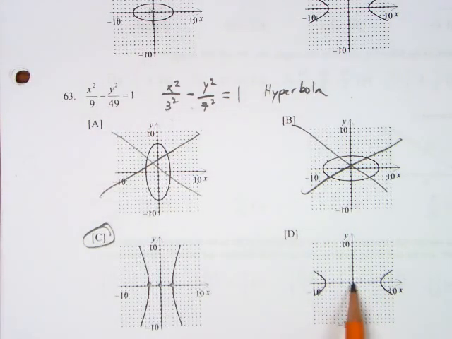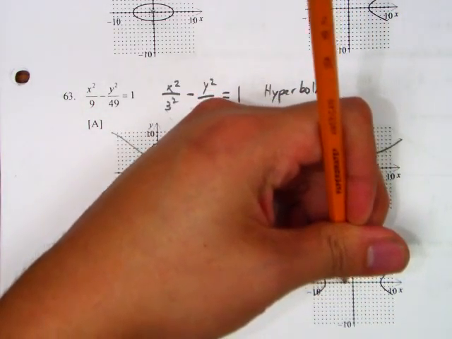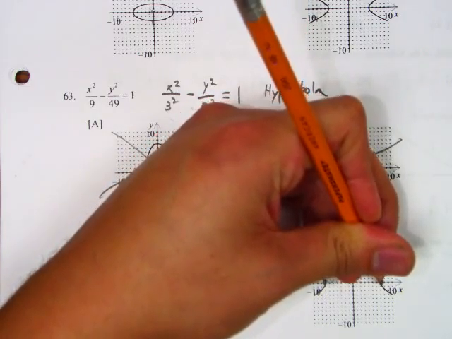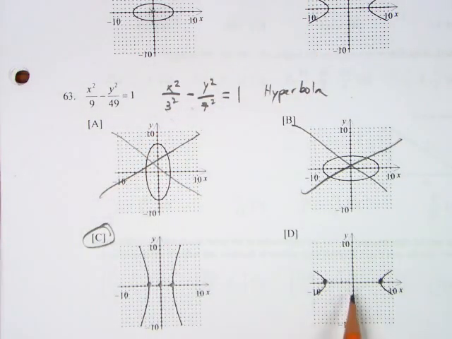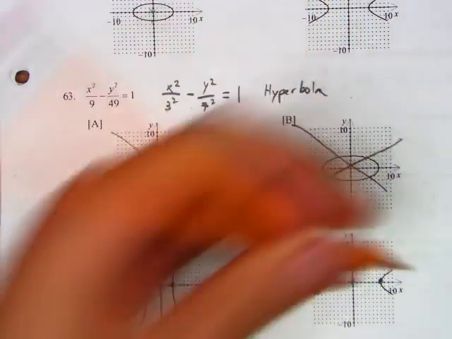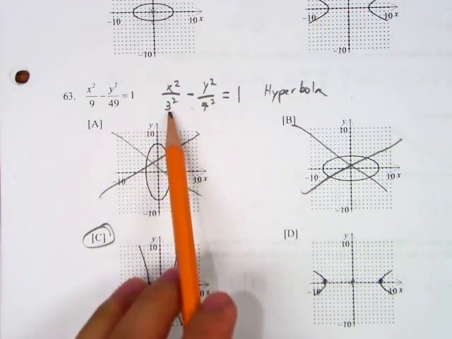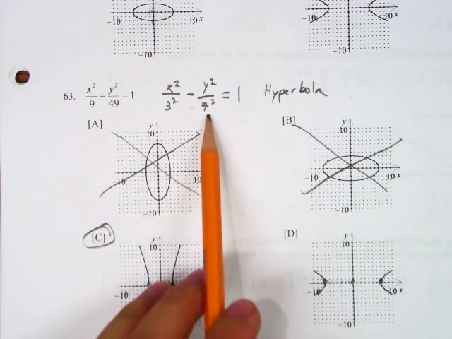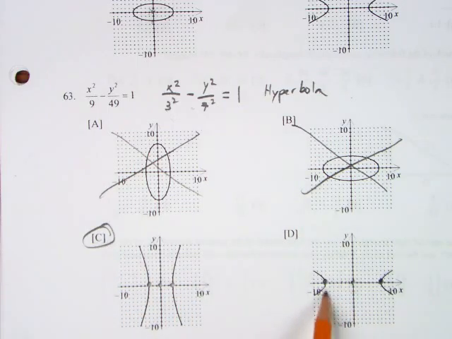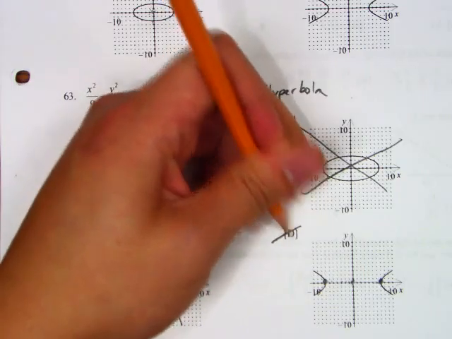On D, it's looking at 1, 2, 3, 4, 5, 6, 7. That's saying that going from the center, the x value is 7. So that's not correct. Again, that's sort of trying to trick you. The y values go up and down 7, and the x values go left and right 3. So this is not the right answer.